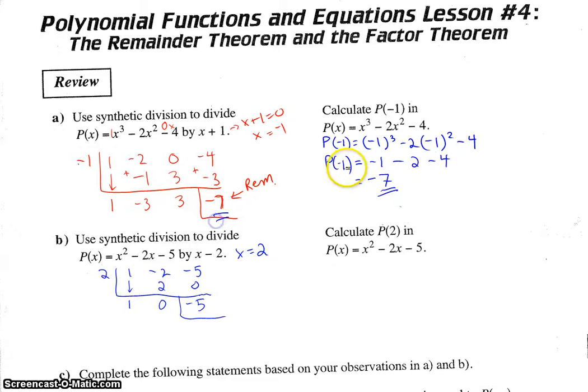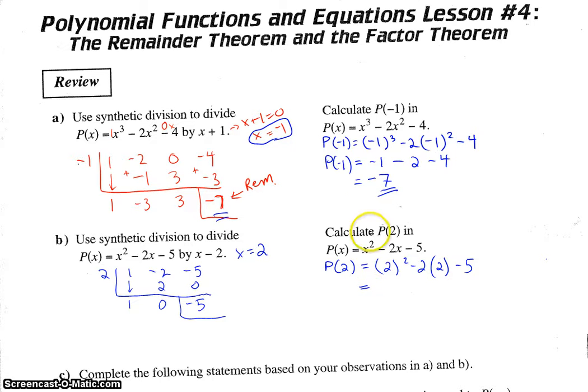Notice something? Let's see if this other one works that way as well. It appears that when we went P at -1, we got the same as our remainder. So if that's the case, that would mean on this one, we should also get -5 when we sub in 2. So let's do that.